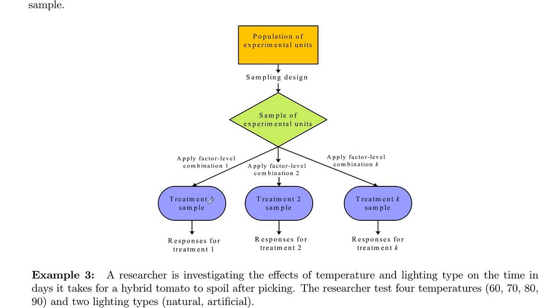So that's treatment 1 sample, and then you look at responses for that. Apply another factor level combination, so that's treatment 2 sample, look at the responses to that treatment. And then apply another factor level combination. You keep doing this to however many factor level combinations or treatments you have, and then look at the responses there.